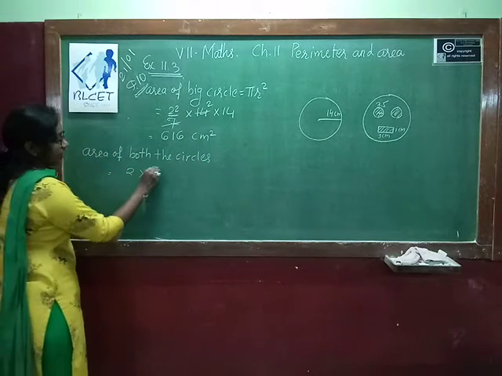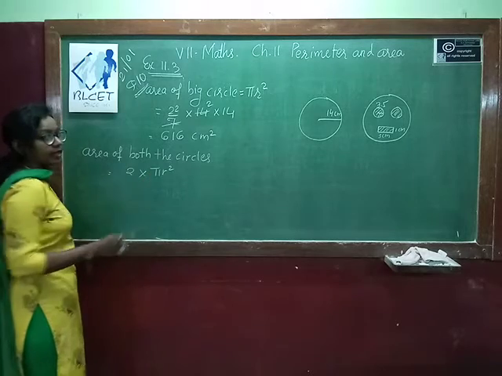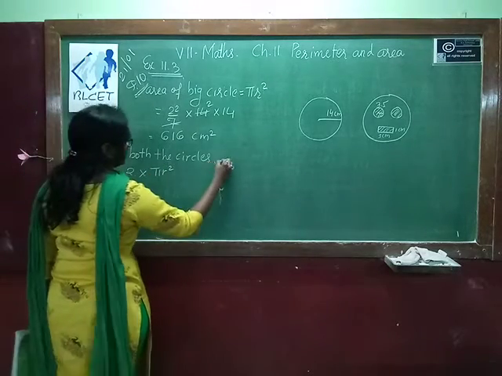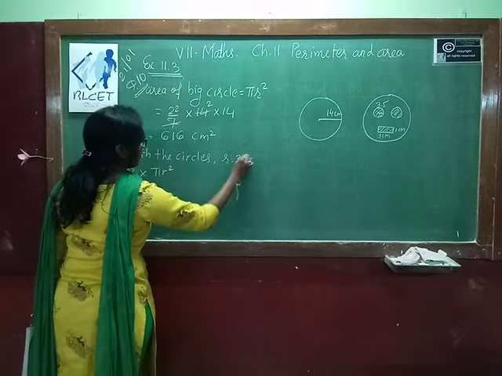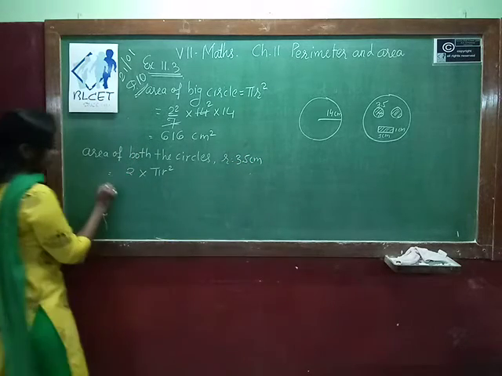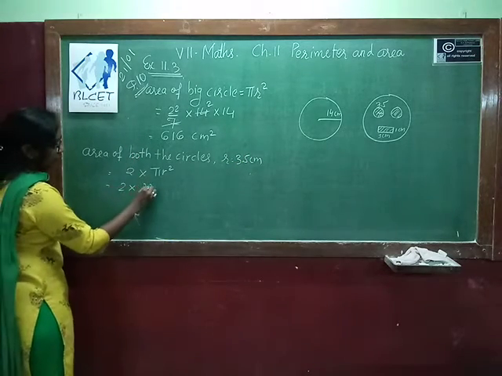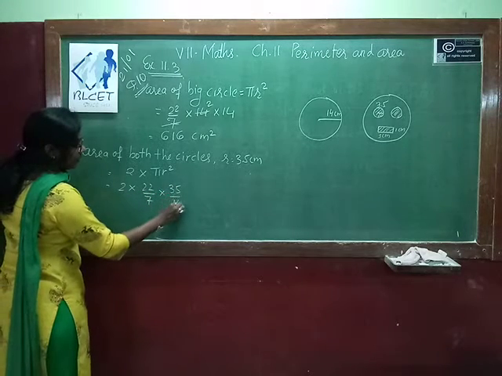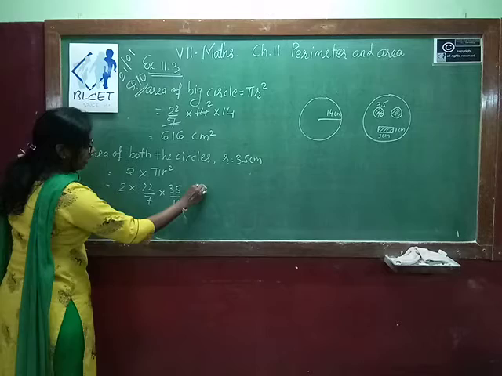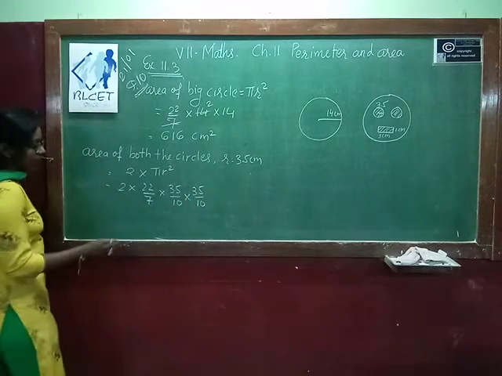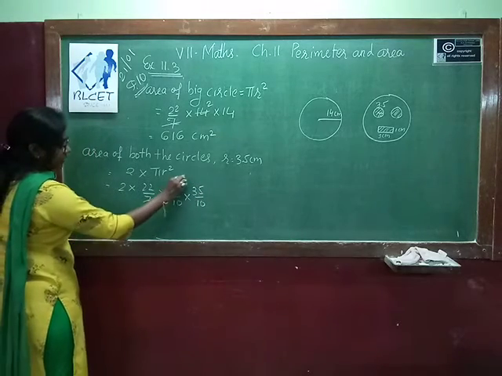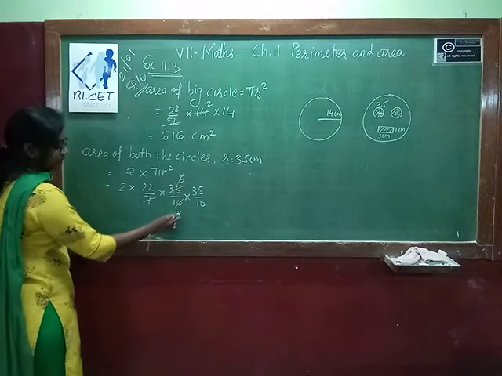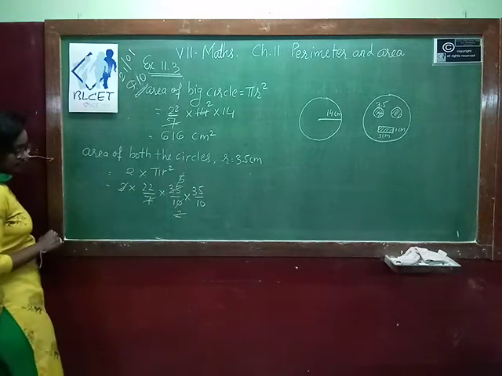For one circle it is pi r square, for two circles it is 2 into pi r square, where the radius is 3.5 centimeter. So 2 into 22 by 7, 3.5 we can directly write as 35 by 10 into 35 by 10. So what we can do? 7 fives are 35, 5 twos are 10. This 2 will get cancelled.